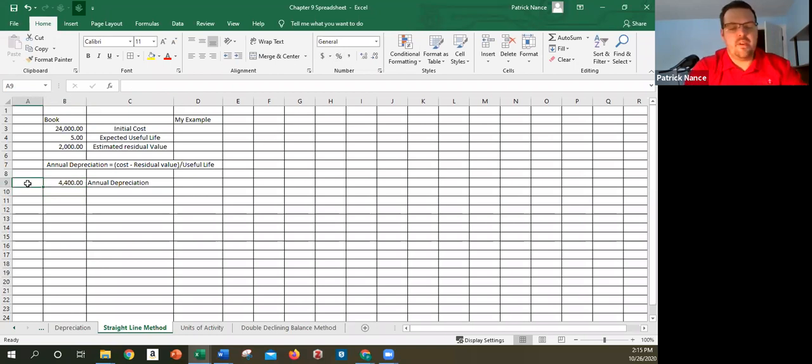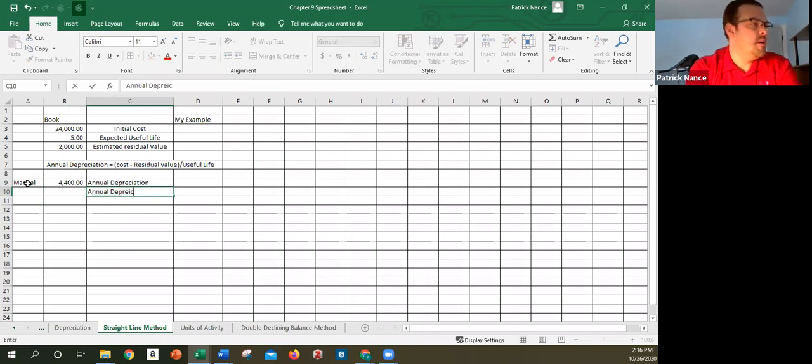So that was the manual method, and now I'm going to show you the Excel method. My annual depreciation is going to find me the same number, but using a formula instead. The formula in Excel for this is SLN, which is just short for straight line. So it equals SLN, open parenthesis.